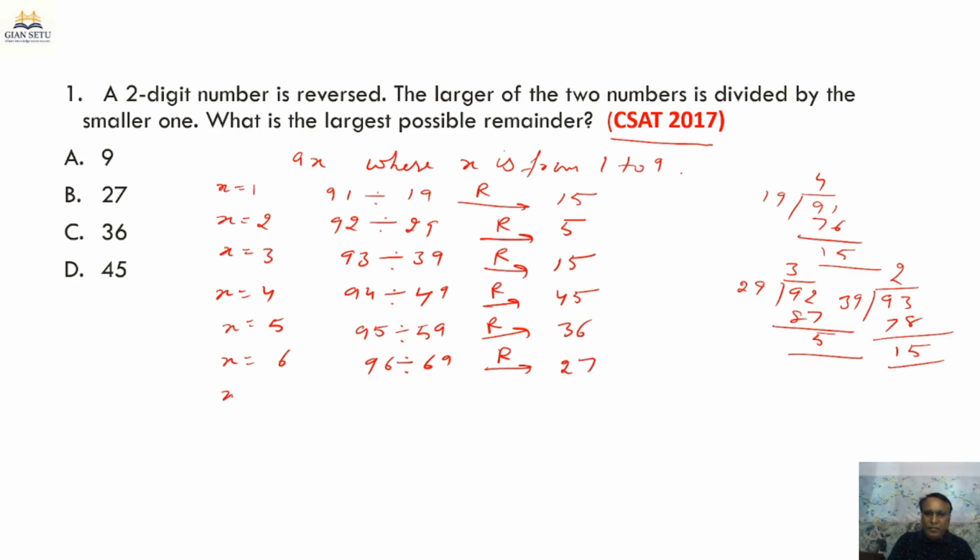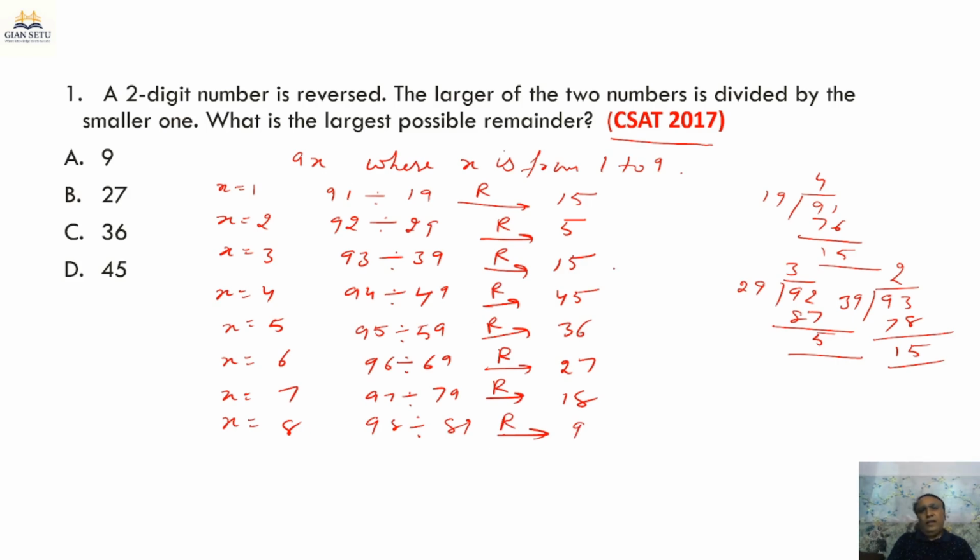Now when x is equal to 7, the number will be 97, and if we divide it by 79, here remainder will be 18. And when x is equal to 8, number will be 98, and if we divide it by 89, here remainder will be 9.